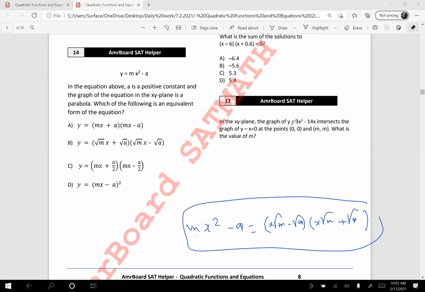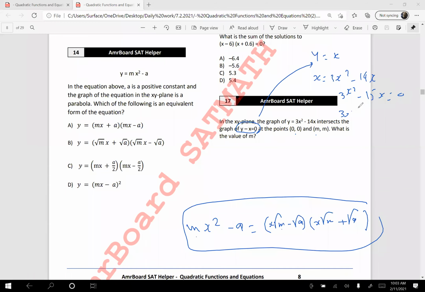In the xy plane, the graph of y equals 3x squared minus 14x intersects the graph y equals x at the points 0 and 0, and m and m. What is the value of m? When you substitute, you will find x equals 3x squared minus 14x. Then 3x squared minus 15x equals 0.